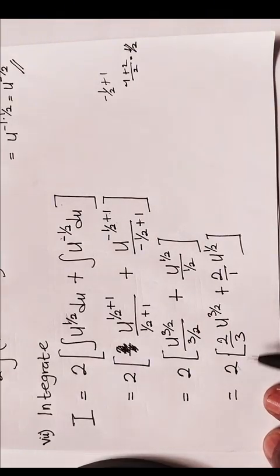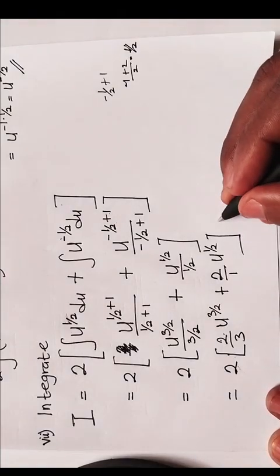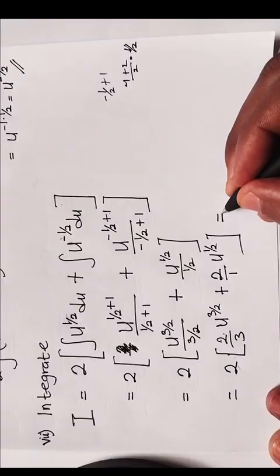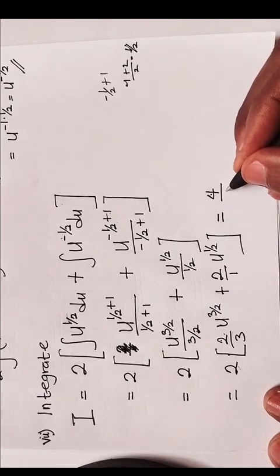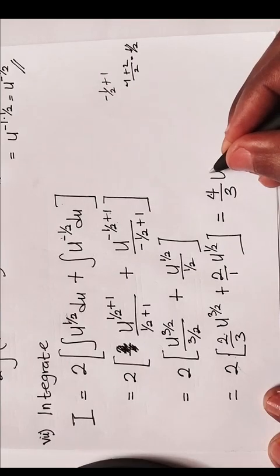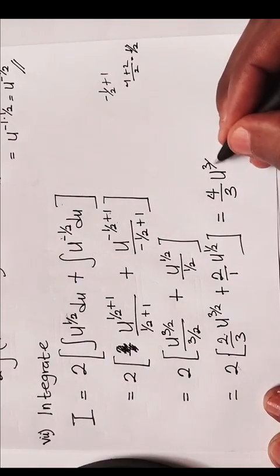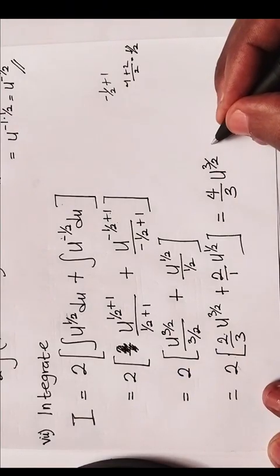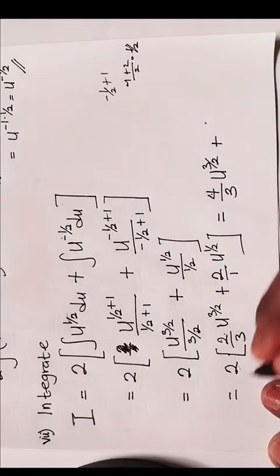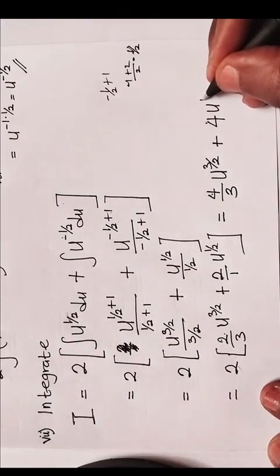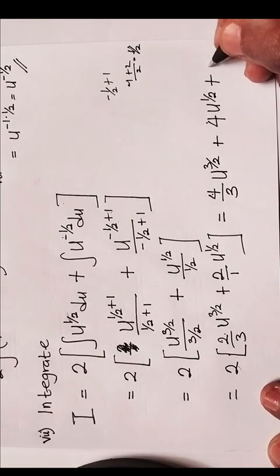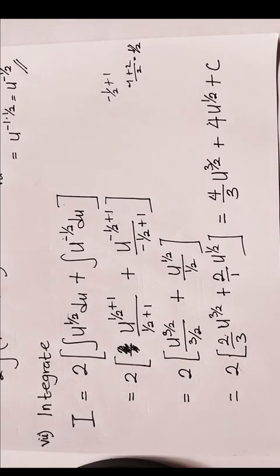Now, this can multiply this, and this can multiply this to give us 4 all over 3 u raised to the power of 3 all over 2, then plus this multiplied by this will give us 4 u raised to the power of 1 all over 2, then plus c. That becomes our answer to the given question.